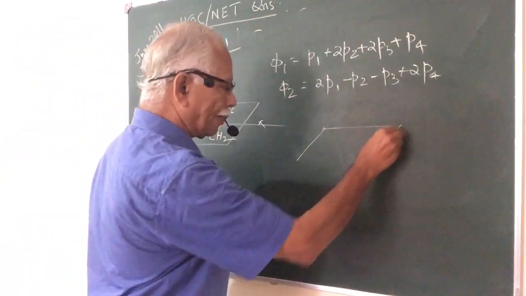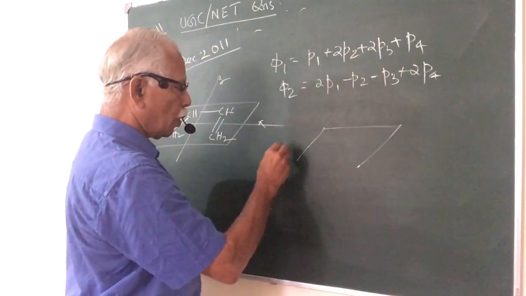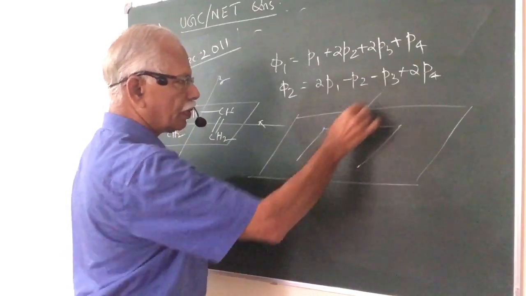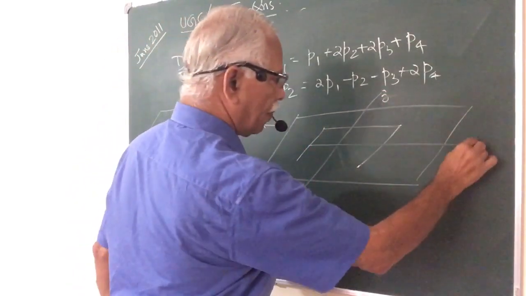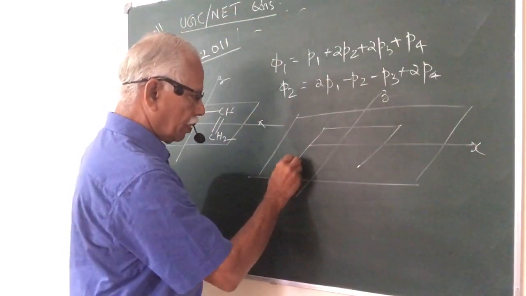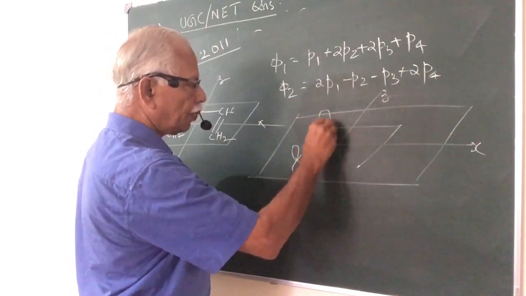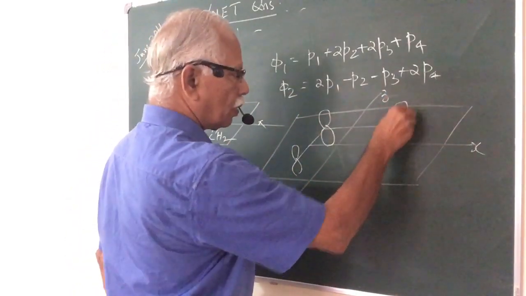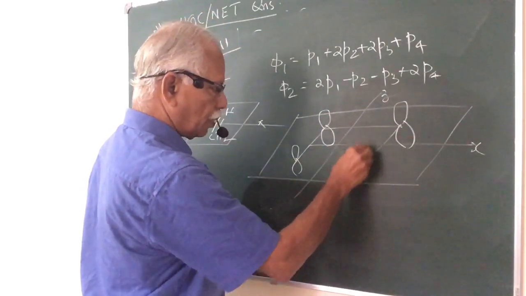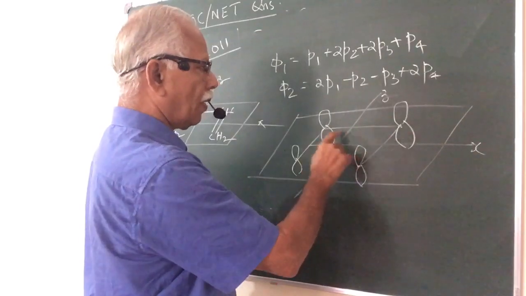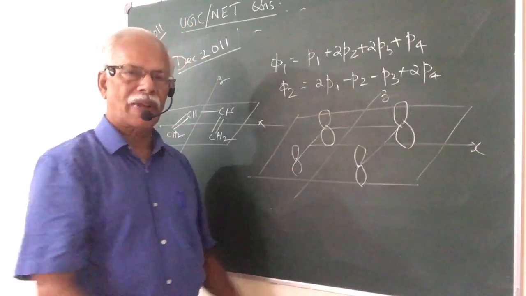These are the carbon-carbon bonds of butadiene. This is the molecular plane. This is the z and this is the x axis. This is P1. This is 2P2. This is 2P3. This is P4. When it is 2P2 and 2P3, I have drawn the dumbbell in a bigger style.